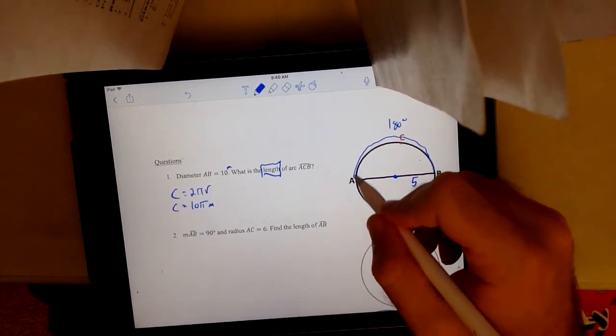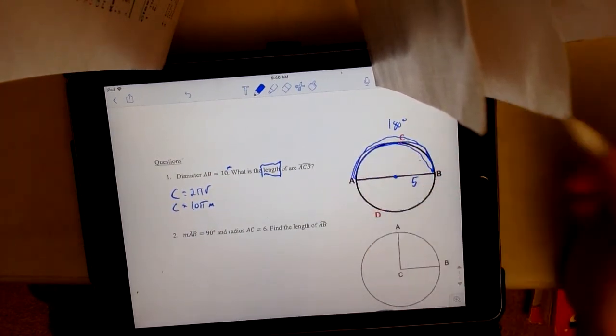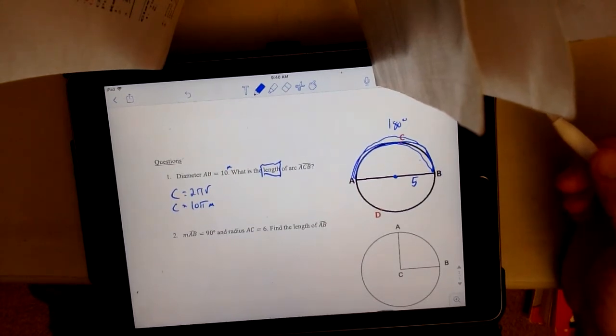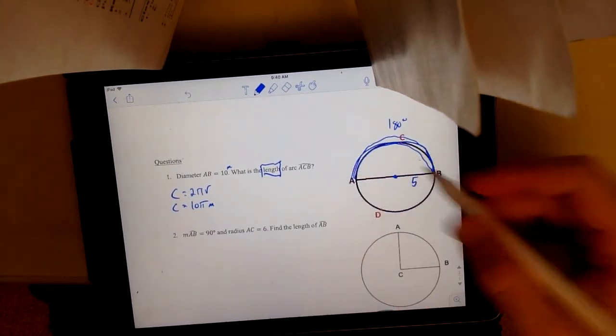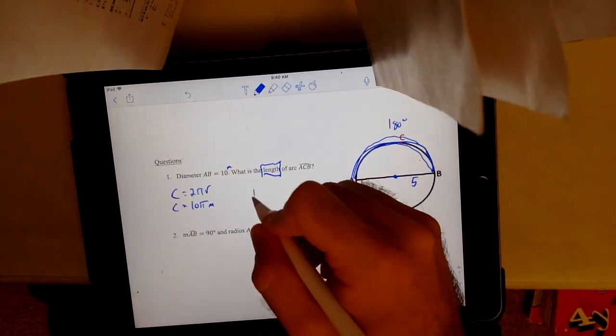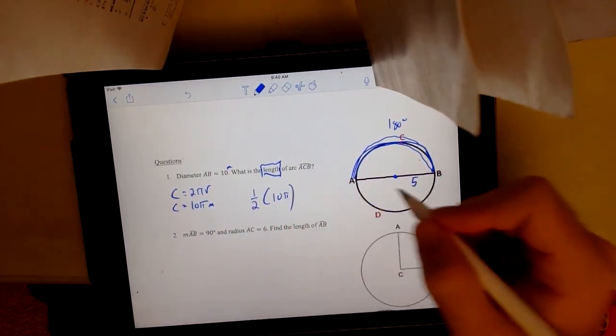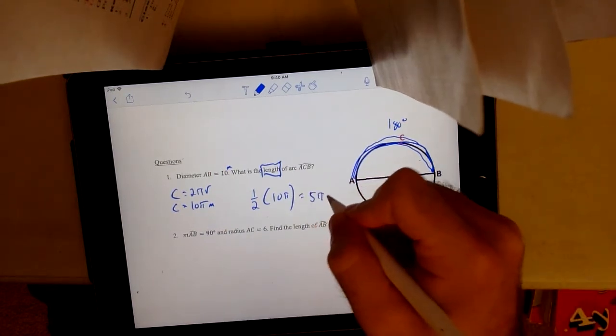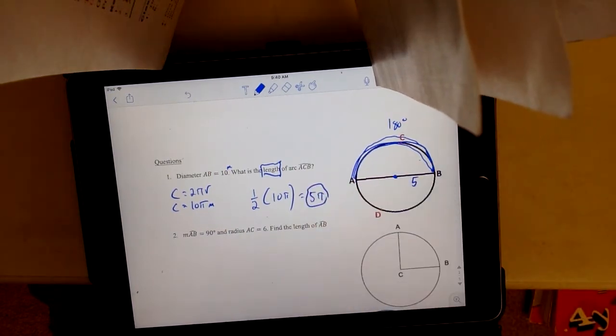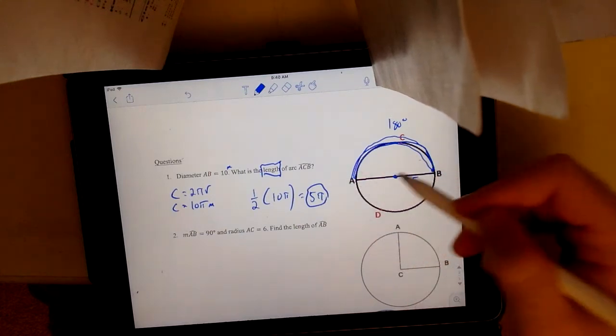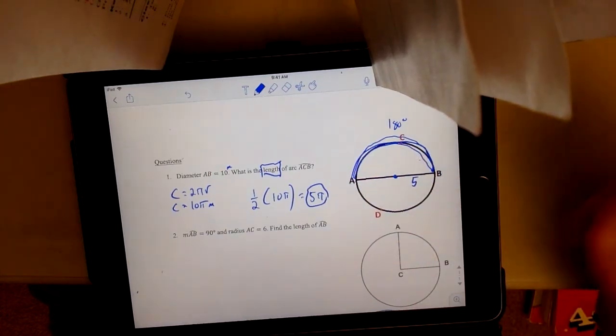So then how long is this part? Well, it's half the circle. It's half the circumference. So it should be 1/2 of 10 pi, so only 5 pi, right? If it's half the circle, it's half the circumference.